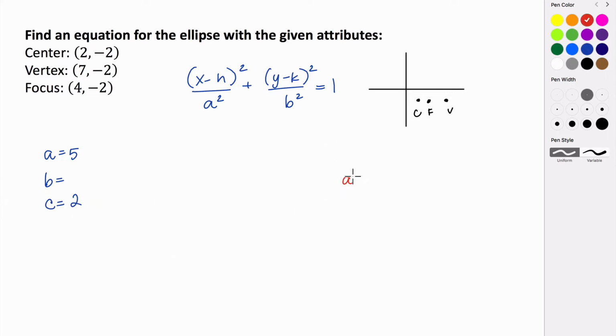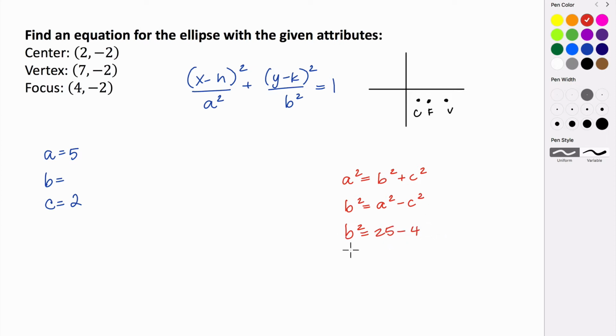So we know that a squared is equal to b squared plus c squared. So to find the value of b, we can subtract c squared from both sides. So b squared equals a squared minus c squared. And substitute. So b squared is equal to a squared, which is going to be 25, minus c squared, which is 4.